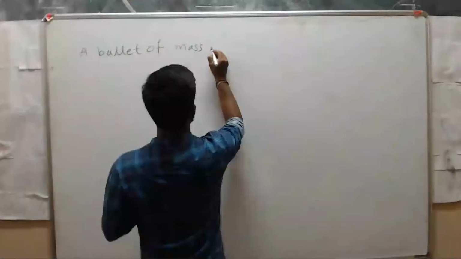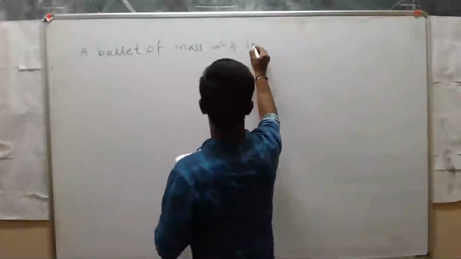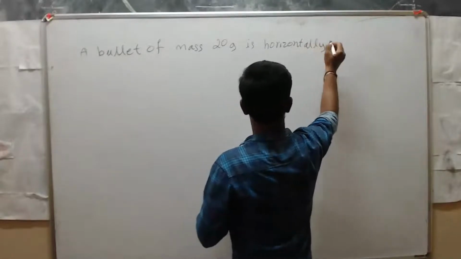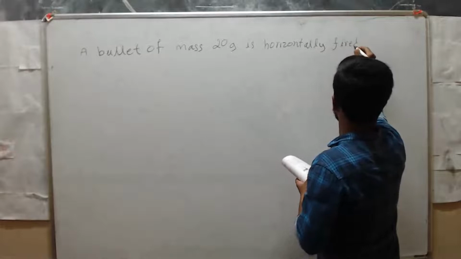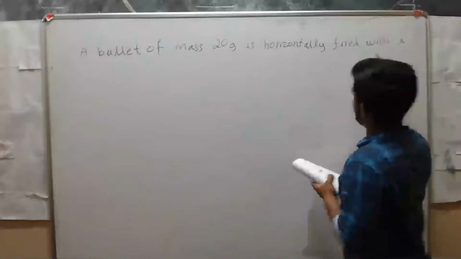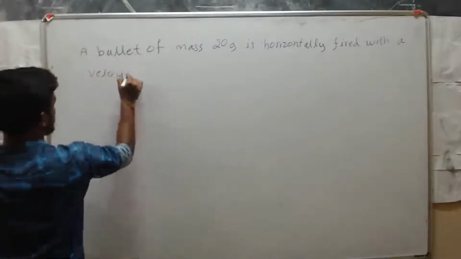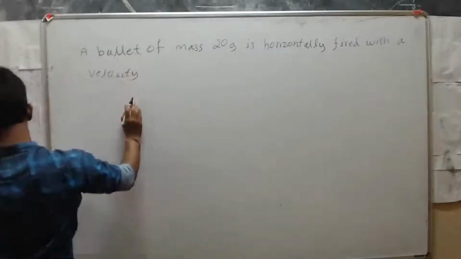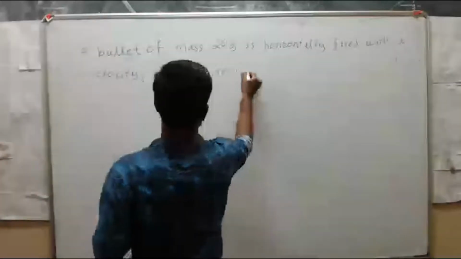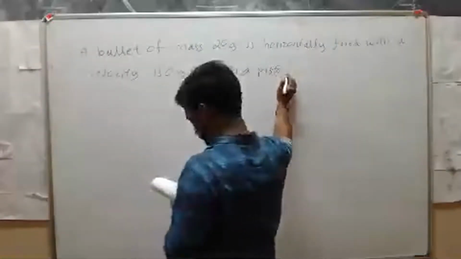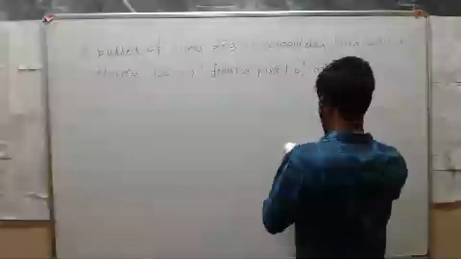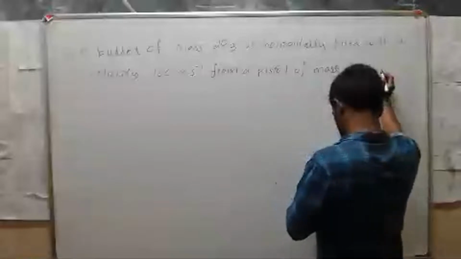A bullet of mass 20 gram is fired horizontally with a velocity of 150 meter per second from a pistol of mass 2 kg.